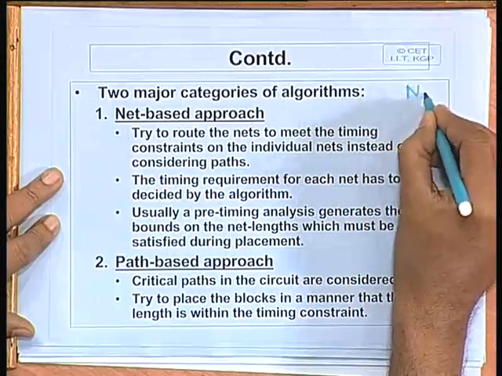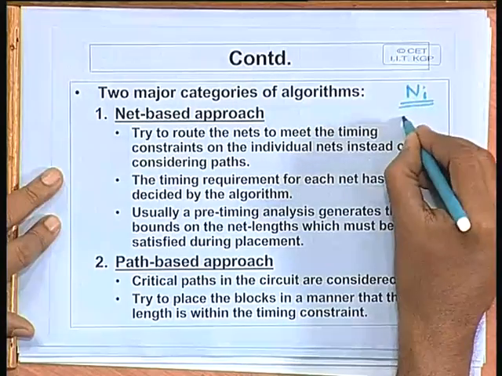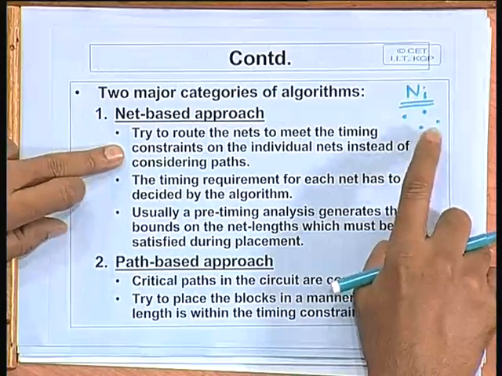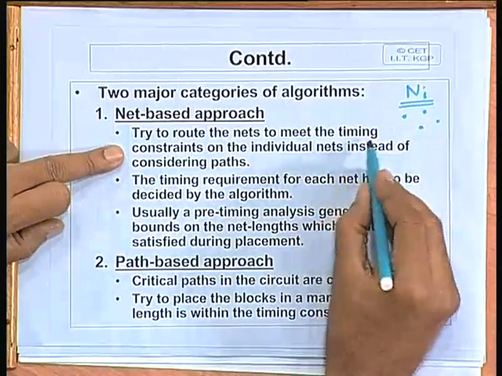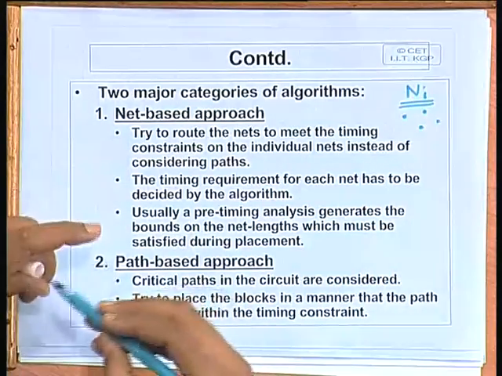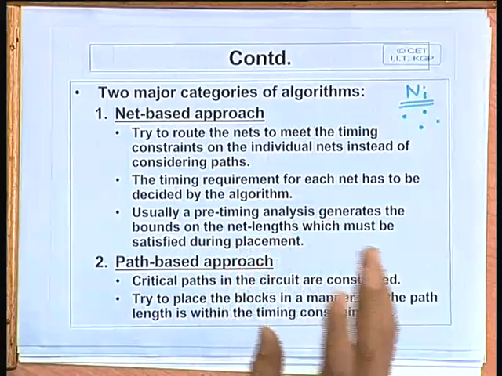Net means you take a net Ni which connects a set of points, and with respect to this net you see whether the timing constraints are met. The idea is like this: the user has specified some kind of an overall timing requirement or constraint. There is a tool which will take the user level constraint as input and will try to generate a net level constraint as the output.